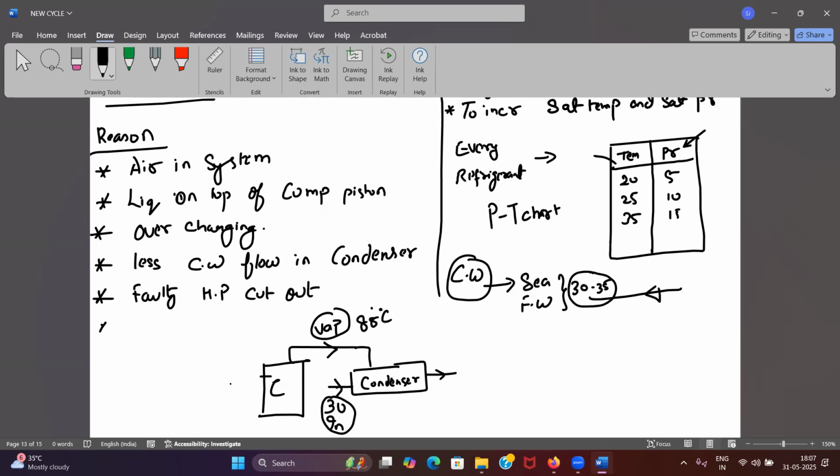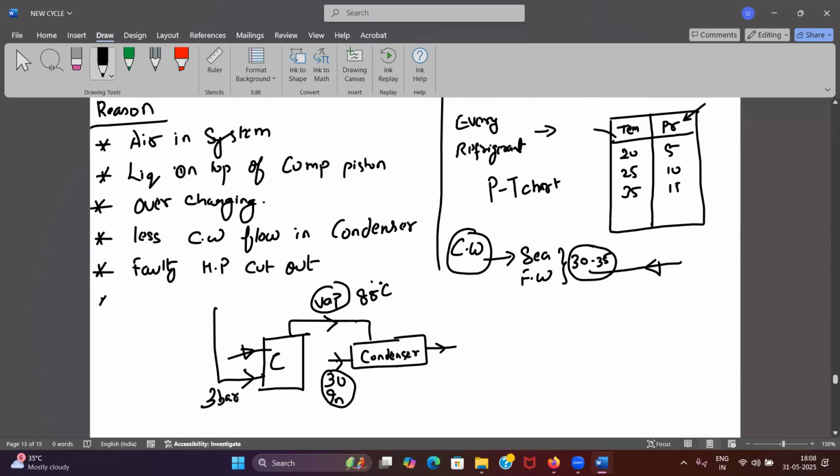How will I make sure it will condense? That is why I am using a compressor. Earlier, how much pressure was coming here? Suppose the pressure was 3 bar, coming to the crankcase, and the temperature was, for example, 5 degrees Celsius. Now if I increase the pressure of my refrigerant, can I increase the saturation temperature also? Yes, sir.